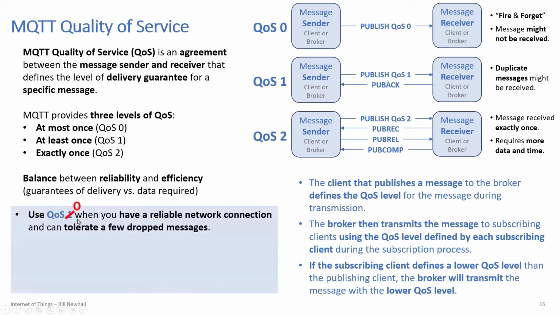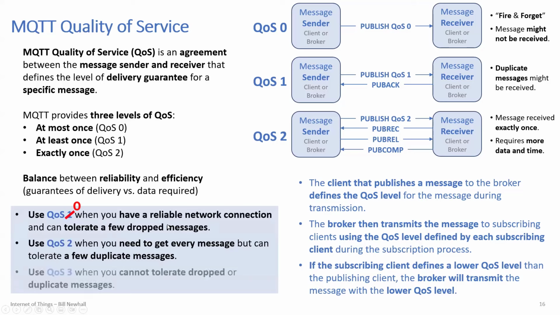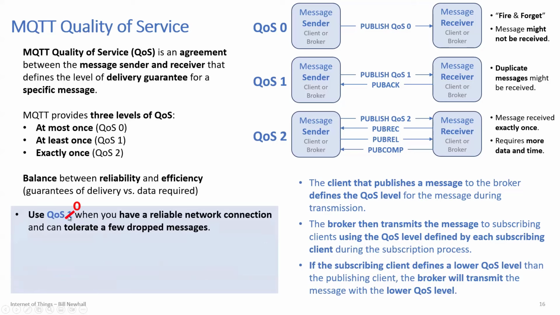And so you use QoS 0 when you have a reliable network connection and you can tolerate a few dropped messages.